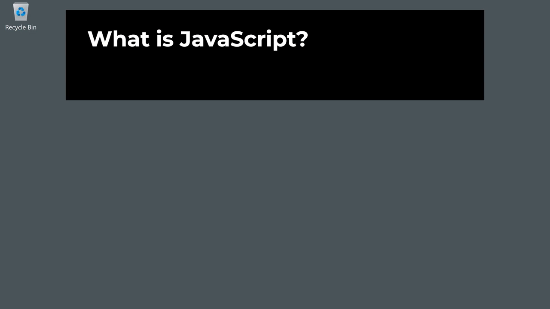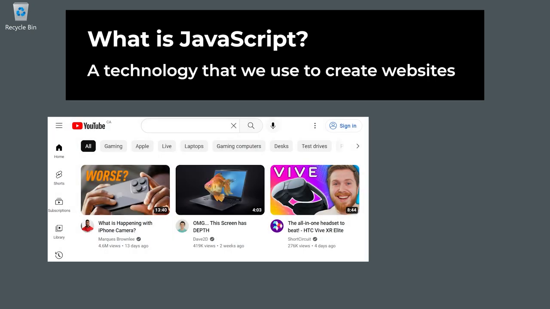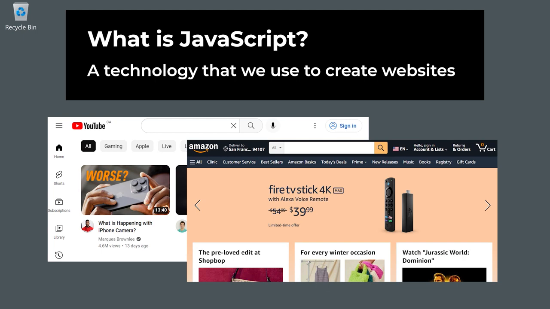We're going to start from the very basics of JavaScript and build our way up step by step. First of all, what is JavaScript? JavaScript is a technology that we use to create websites. A website is like YouTube.com or Amazon.com. It's how we access YouTube and Amazon on our computer.